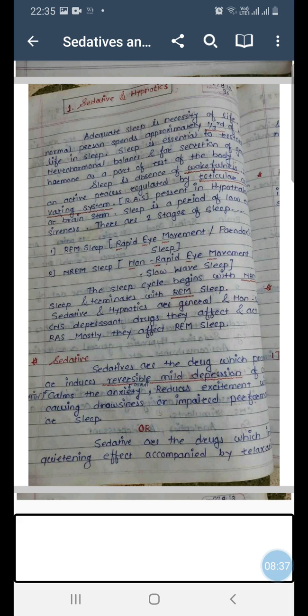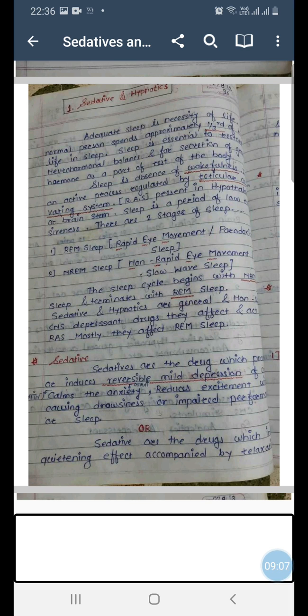Now, this sleep cycle, or the changes which are taking place during the sleep, are studied by using various instruments. Say, for example, electroencephalogram, which measures the activity of the brain during your sleep. Then electromyogram, which studies the activity of your muscles.